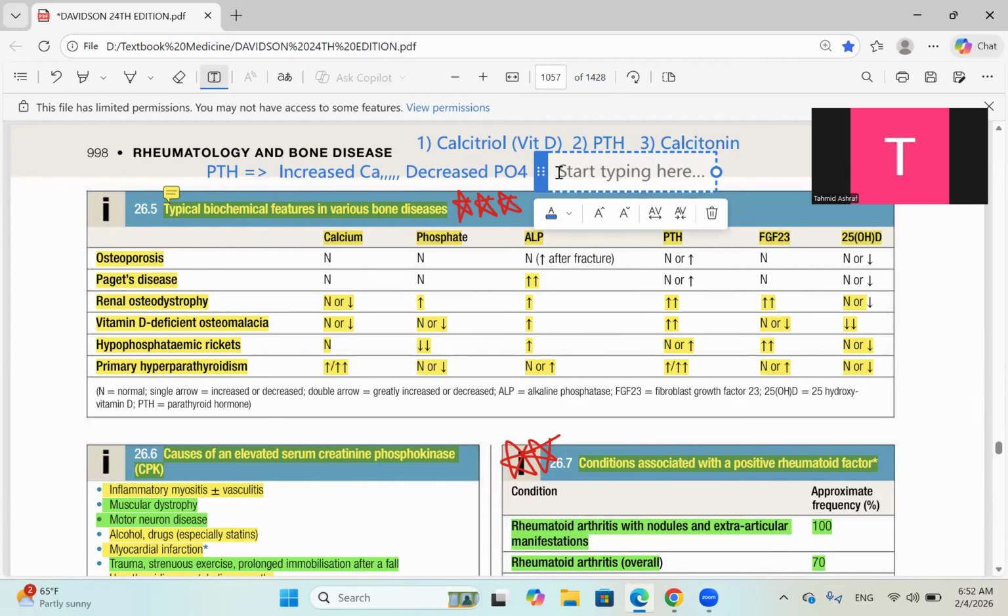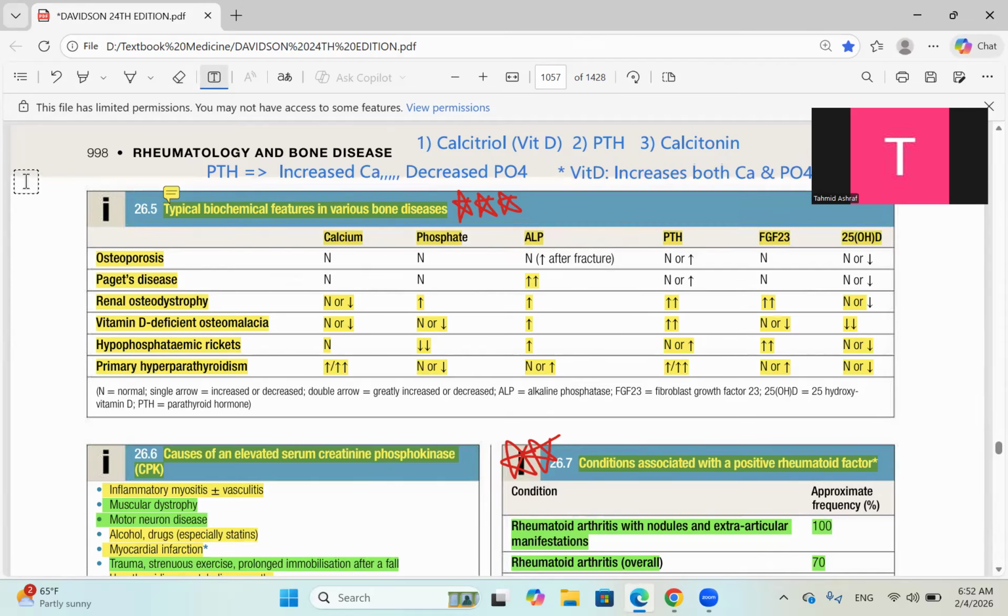And let's come to number two. Number two is vitamin D or calcitriol. So vitamin D increases both calcium and phosphate.